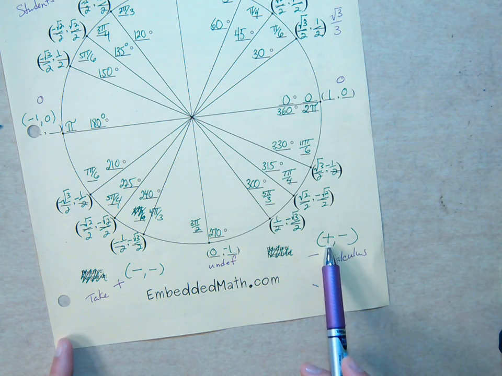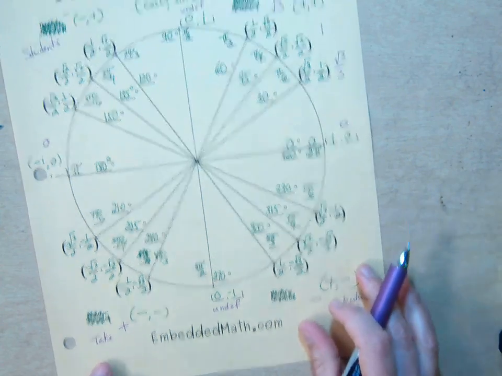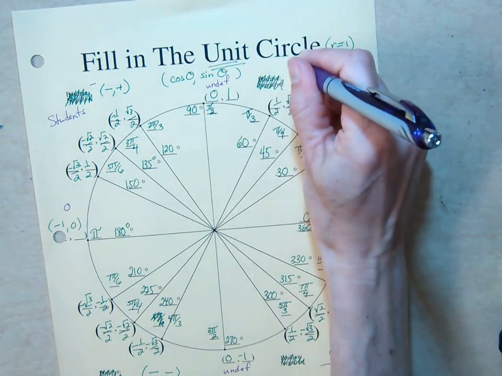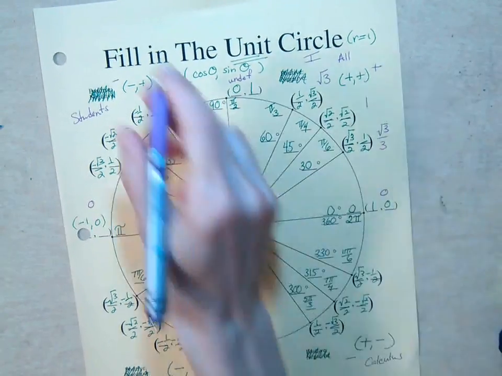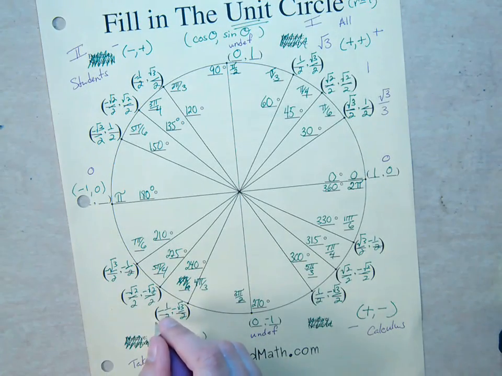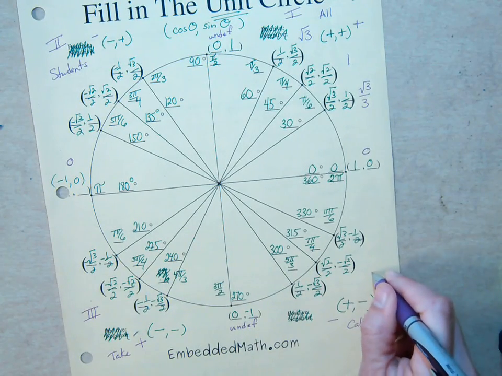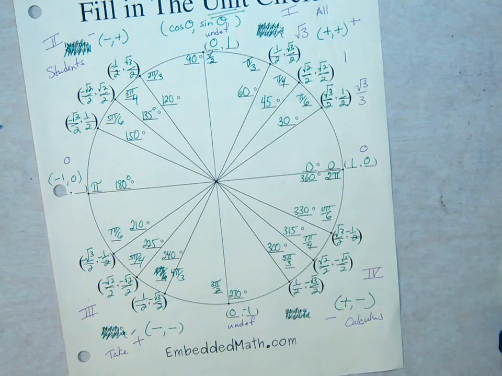Cosine is the only positive in this quadrant. So let's also number the quadrants. This is quadrant 1. This is quadrant 2 over here. This is quadrant 3. This is quadrant 4. Very important to identify which quadrant an angle is in.